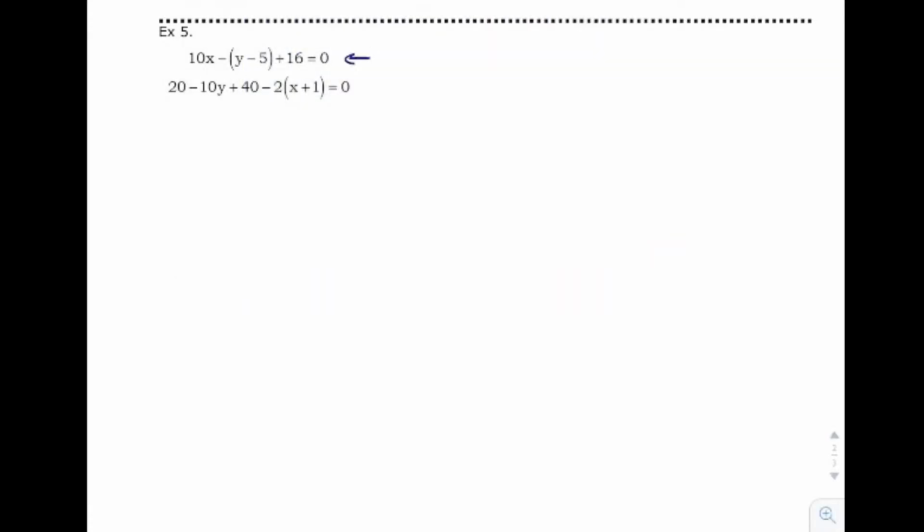That equation is admittedly hideous. So let's distribute. I got a 10x. Get rid of that parentheses. So I got a minus y, and then the minus times the minus makes a plus 5, and then plus 16 equals 0. And if you look at this equation, you've got just a 10x, that's the only x term.